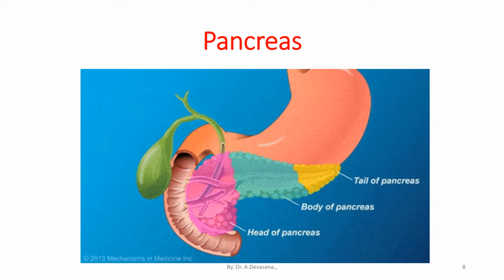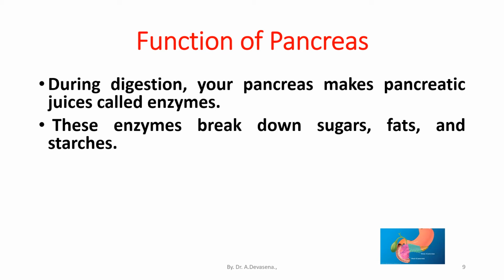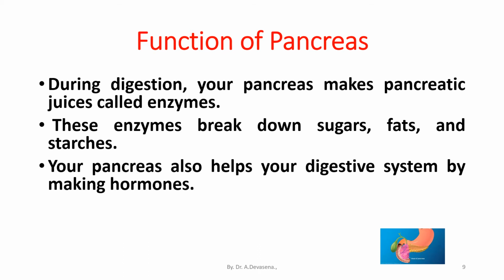Function of pancreas. During digestion, your pancreas makes pancreatic juices called enzymes. These enzymes break down sugars, fats, and starches. Your pancreas also helps your digestive system by making hormones.